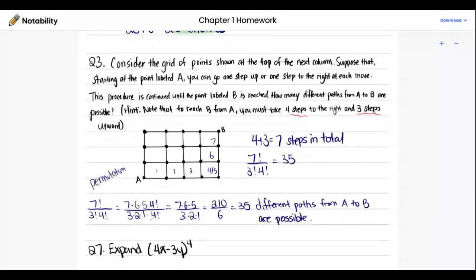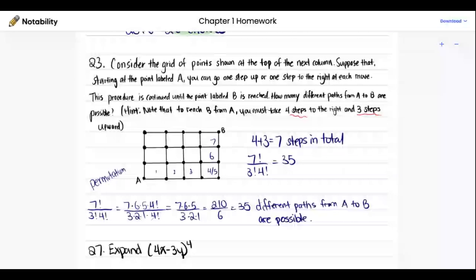Hi, Professor. Let me present also. Yes, so Catherine, I'm presenting 23. Consider the grid of points shown at the top in the next column. Suppose that starting at the point labeled A, you can go one step up or one step to the right at each move. For this question, there's a hint saying you must take 4 steps to the right and 3 steps upward, so according to this grid we're going 7 steps in total.